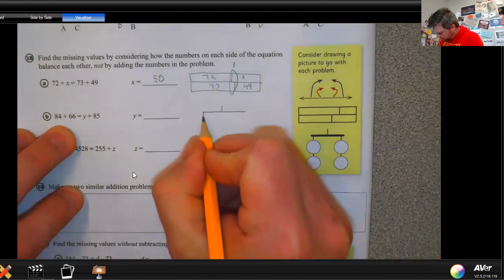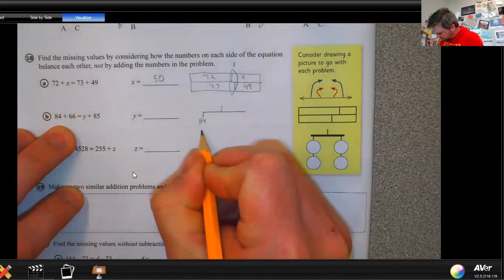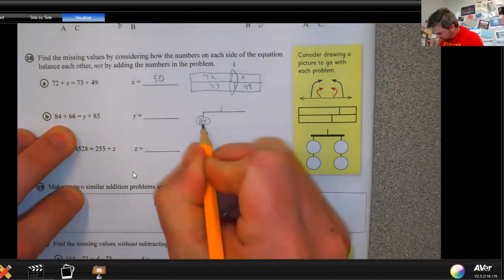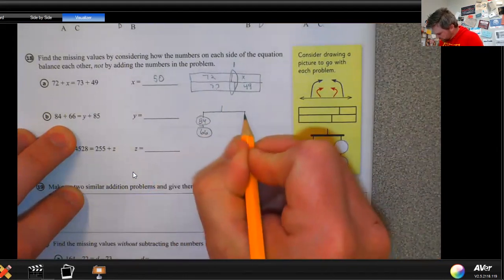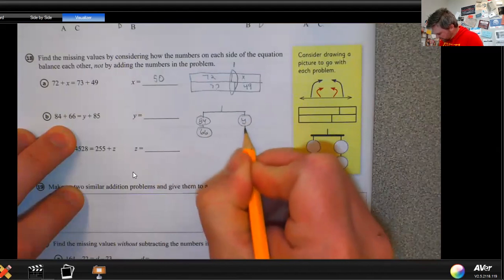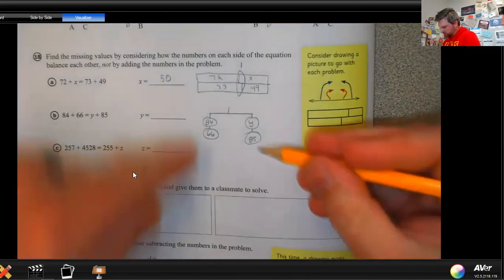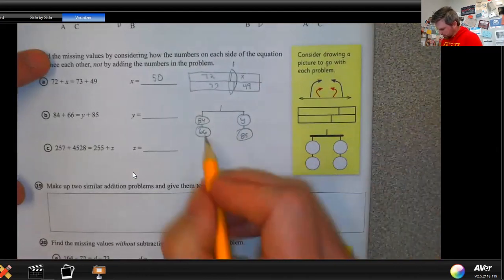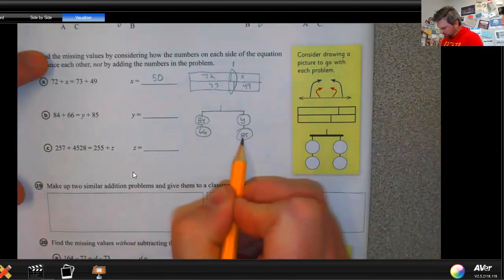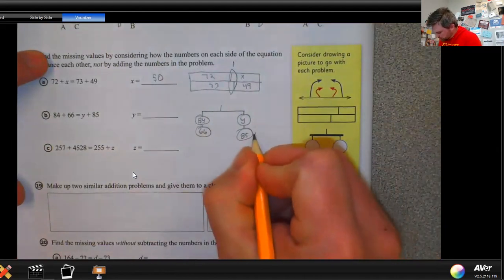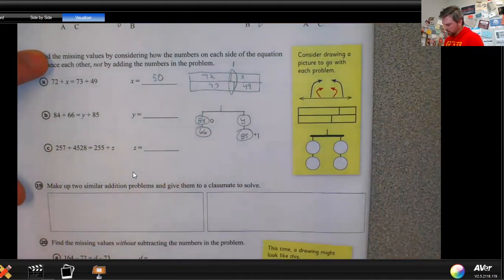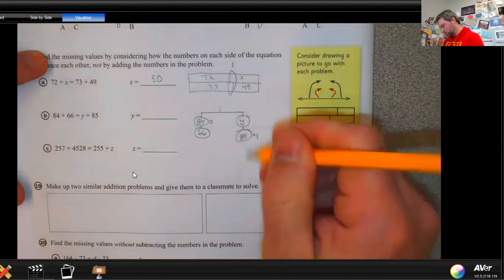So it looks like we have 84, 66 on that side. And on this side, we have Y, and we have 85 on that side. Okay, so maybe I should have rearranged the numbers here, but 85 is 1 more. So this is plus 1 when this is 0. So this side is weighing 1 more.